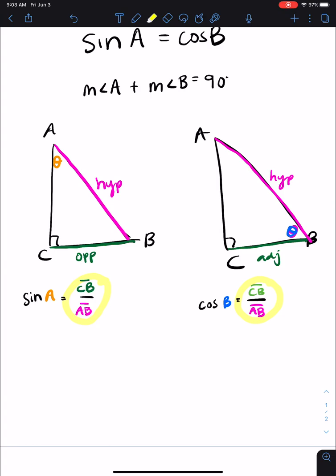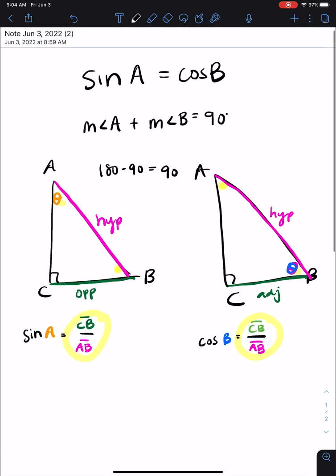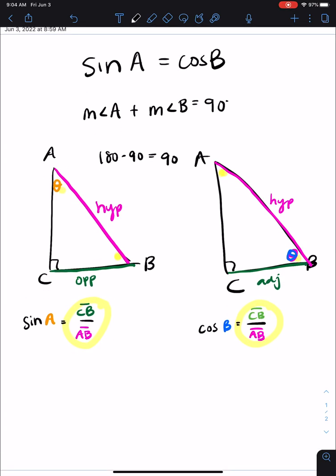In all right triangles, the two angles that are not the right angle, A and B, will sum to 90, because in a triangle all the angles sum to 180 degrees. If we do 180 minus 90, those leftover two angles will always be equal to 90. So this relationship is always going to hold true in all right triangles, where the two angles that are not the 90-degree angle sum to 90, and if you plug one into sine and one into cosine, they'll be equal to each other.